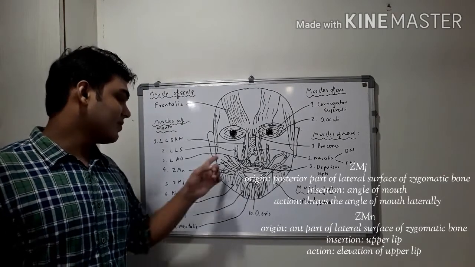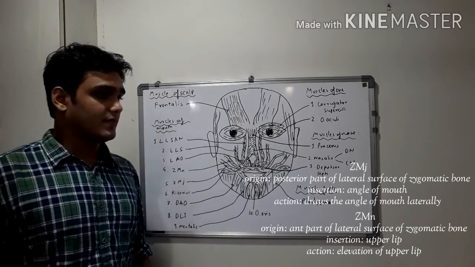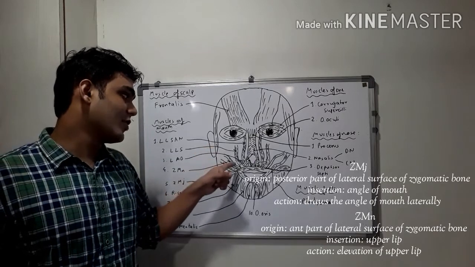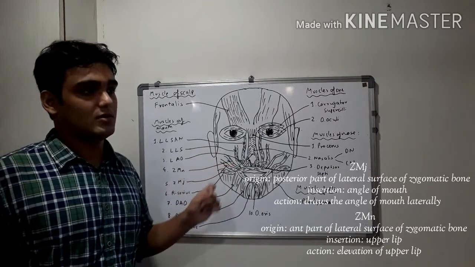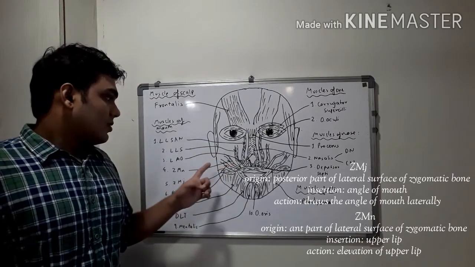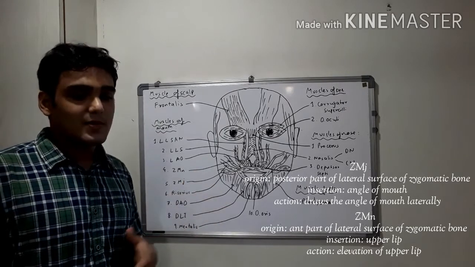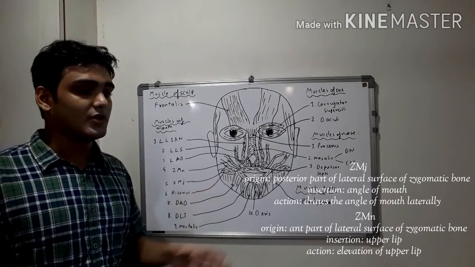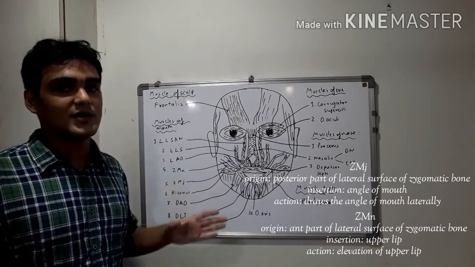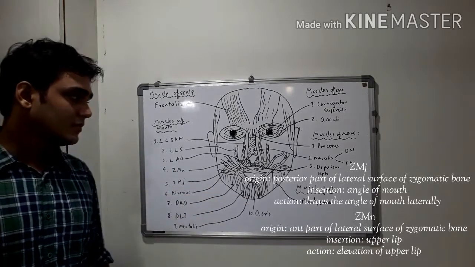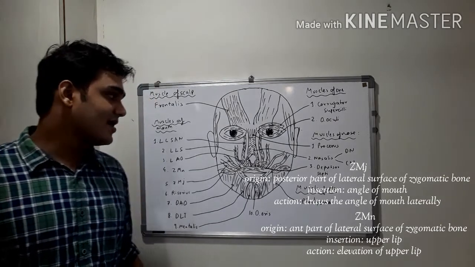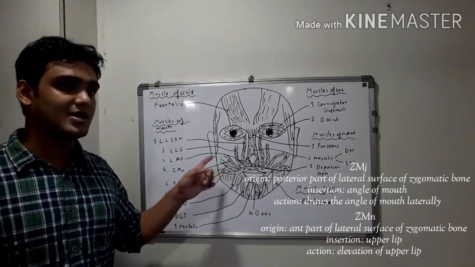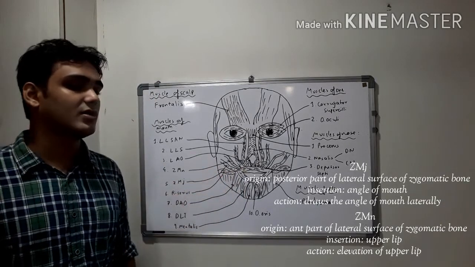Then talking about the zygomatic muscles. So we have two zygomatic muscles, zygomaticus minor and zygomaticus major. Zygomaticus minor originates from the anterior part of the lateral surface of zygomatic bone, and zygomaticus major originates from the posterior part of lateral surface of zygomatic bone. And zygomaticus minor is inserted at the upper lip, while zygomaticus major is inserted at the angle of mouth.